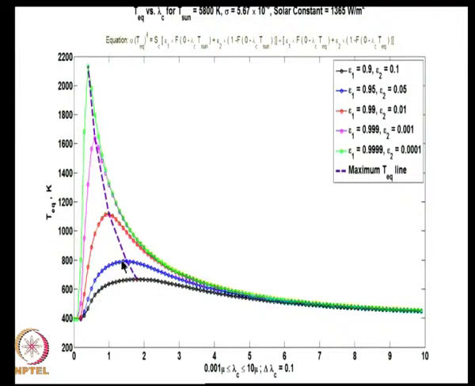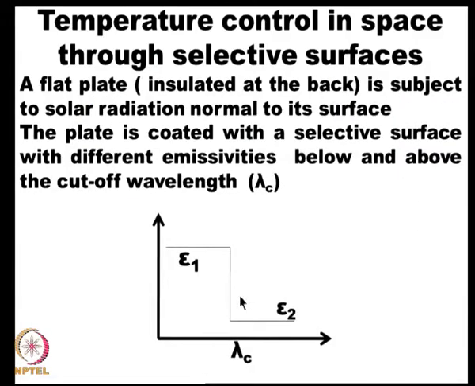So, this line represents the optimal wavelength at which you are able to attain the highest temperature, and this depends of course on the emissivity epsilon 2 on this side, because this determines how much heat the surface is losing.